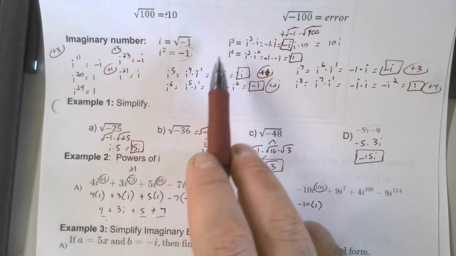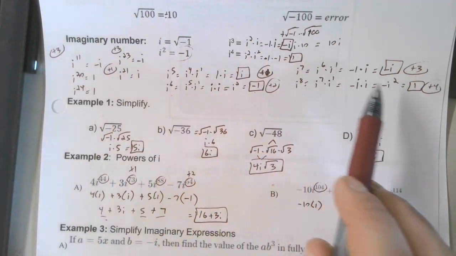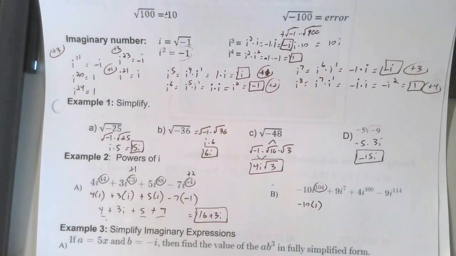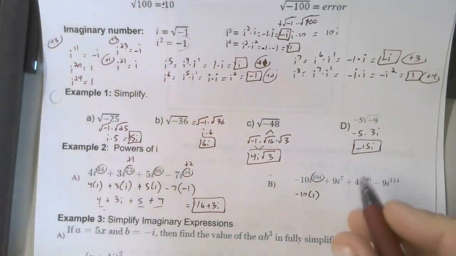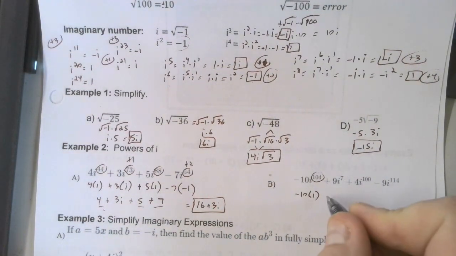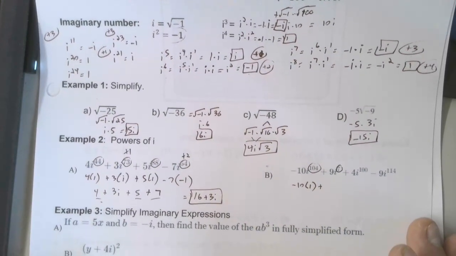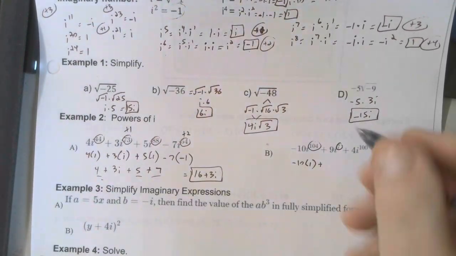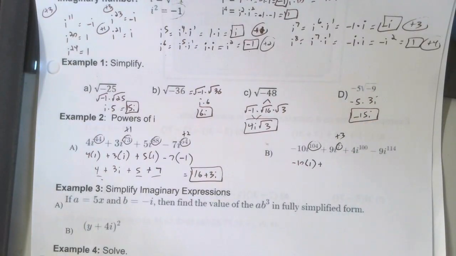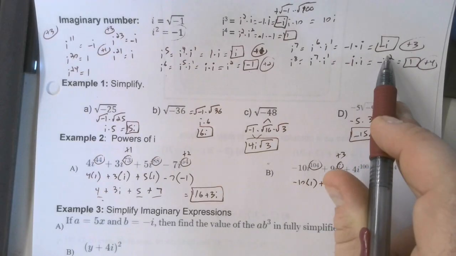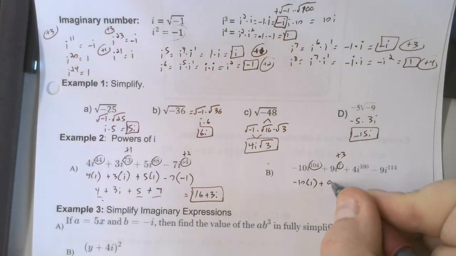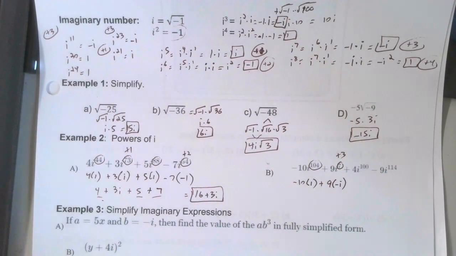Every 4, it's 1, and so forth. So like if I did the next, 7 is not divisible by 4. That's a plus 3 over 4. So if you go to a plus 3, it's negative i. So it's 9 times negative i.